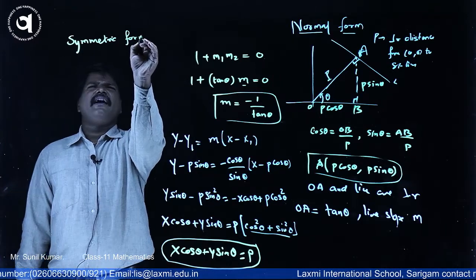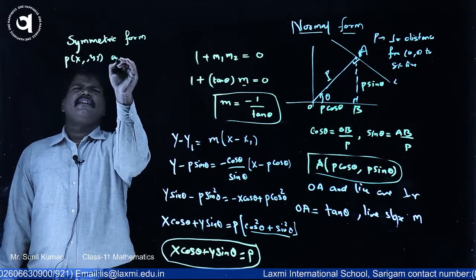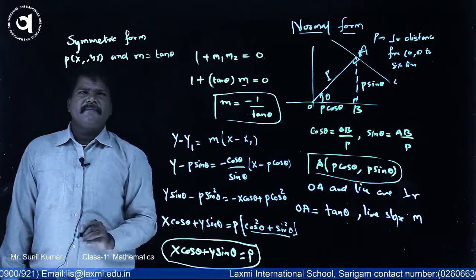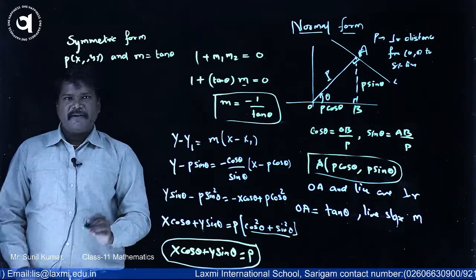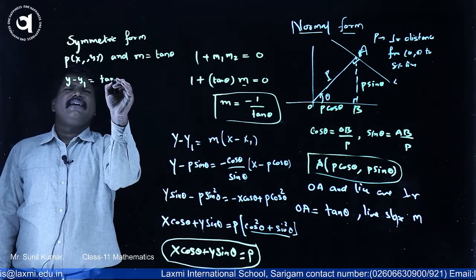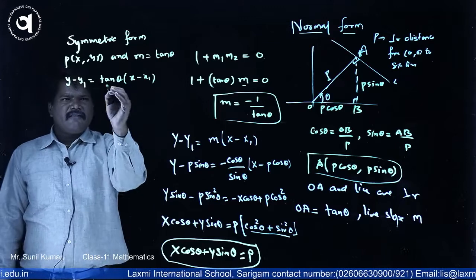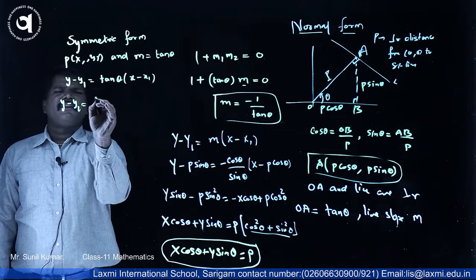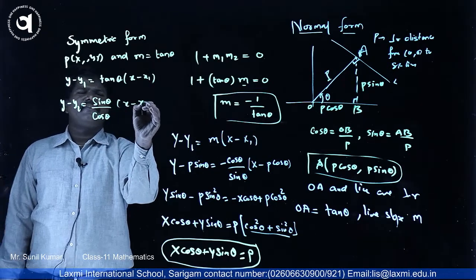Symmetric form will have one point here x1, y1, and another one is your slope, which is generally denoted as tan theta. That means we have a point and the tan theta. In the symmetric form, you will have y minus y1, m is your tan theta, into x minus x1. So, when we convert this tan theta as sine upon cos, the y minus y1 is equal to sine theta by cos theta into x minus x1.